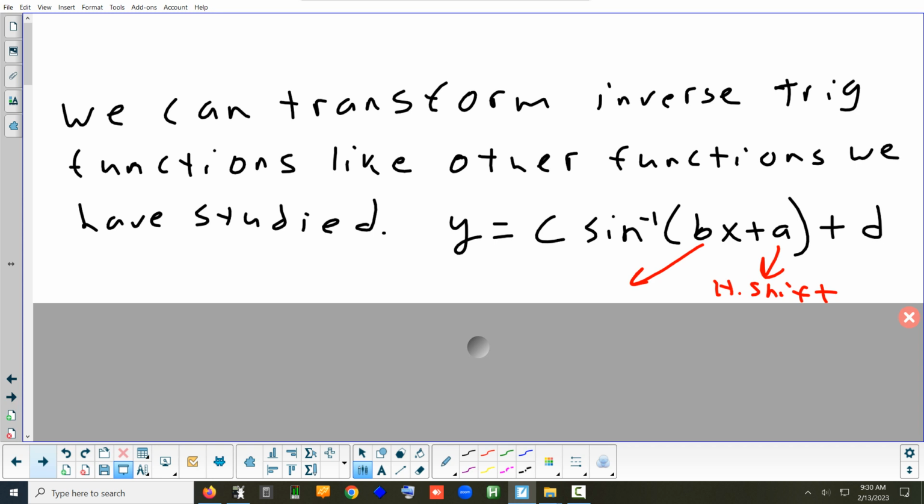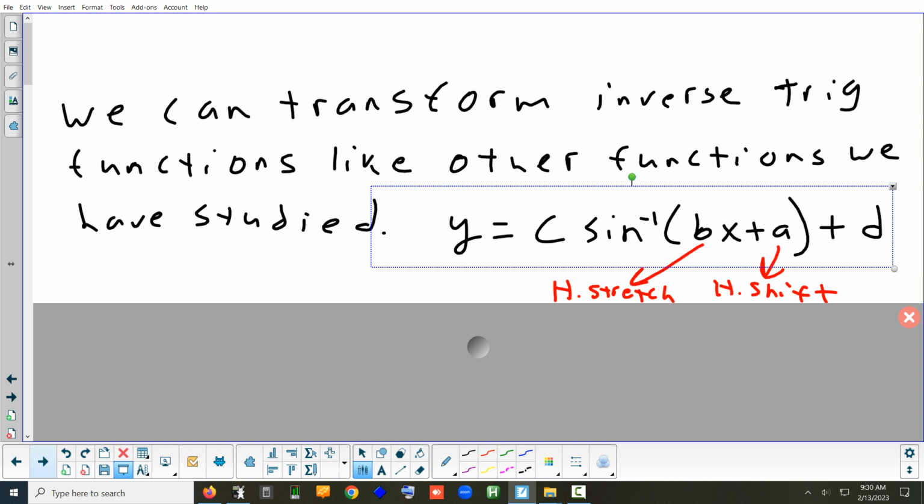B can either horizontally stretch or shrink, and again, it's the opposite of what you would think. The bigger you make B, the more it shrinks. The smaller you make B, like 1/3 or 1/4, the more it stretches. And what if B was negative? If B is negative, that causes a horizontal flip.